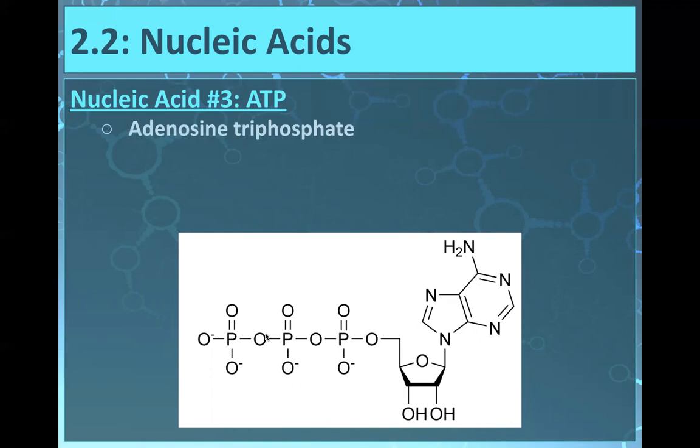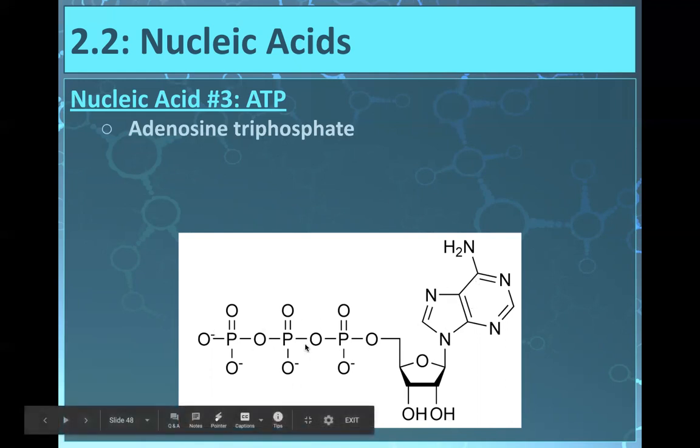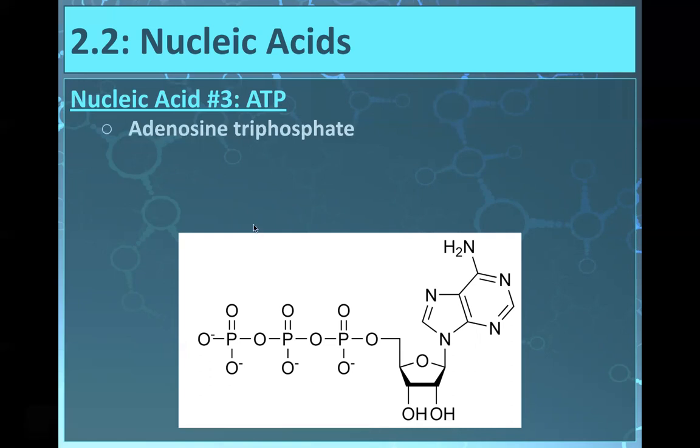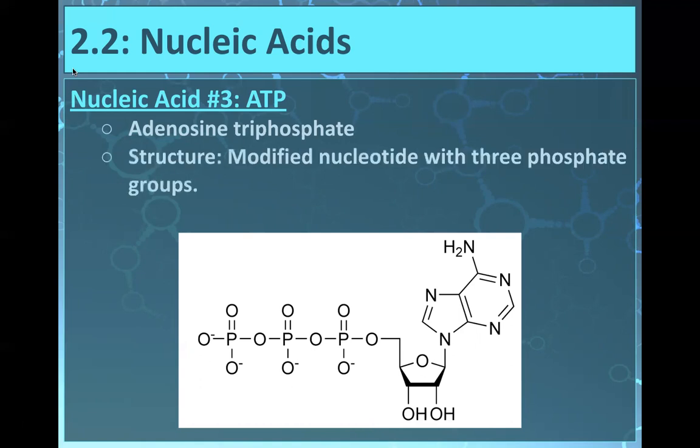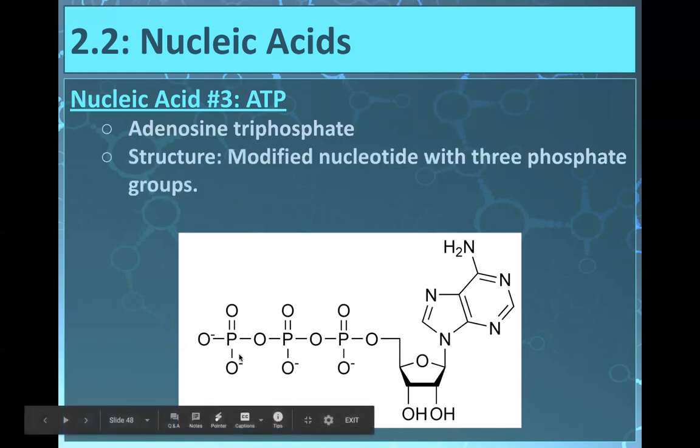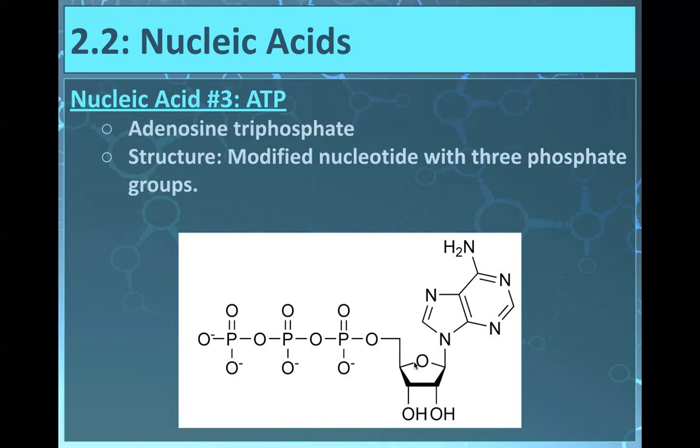So we have adenine here and we have 3 phosphates. So that is the main difference here between ATP and a normal nucleotide. So these phosphate groups, especially right here, hold a lot of energy. So this is your body's main storage of energy after cellular respiration.